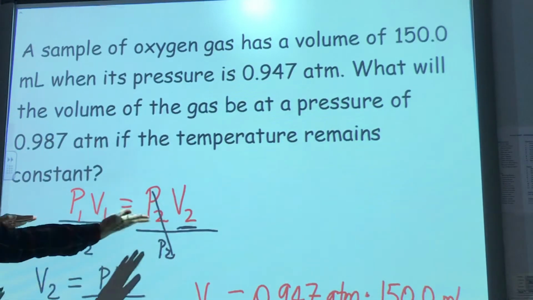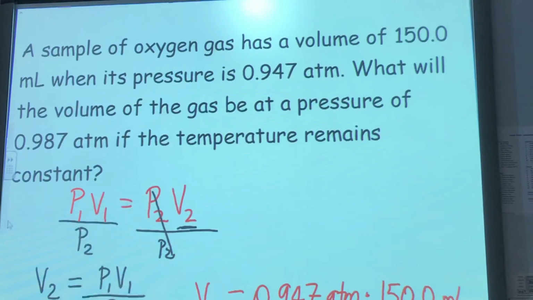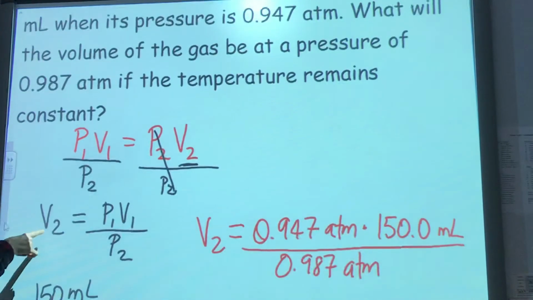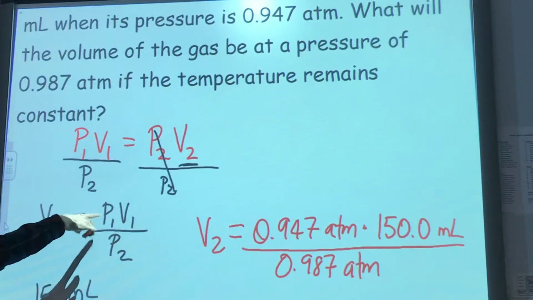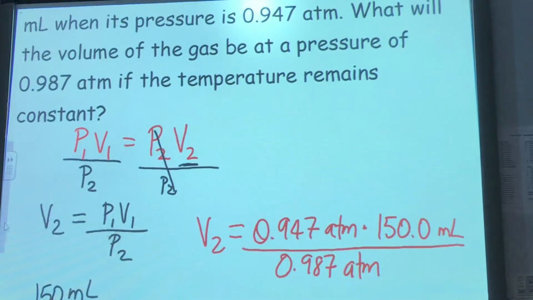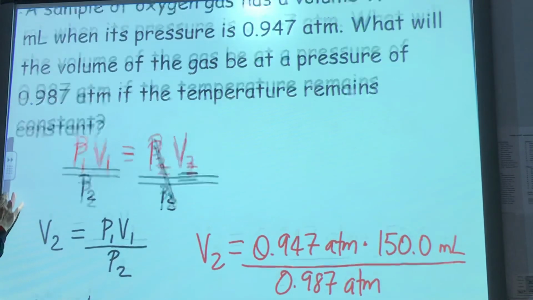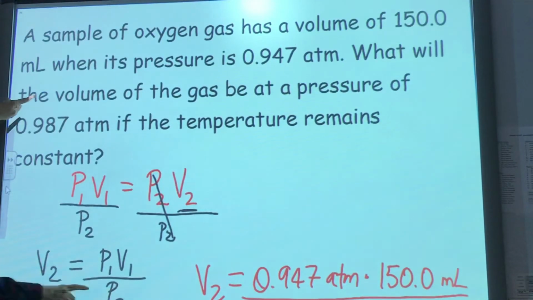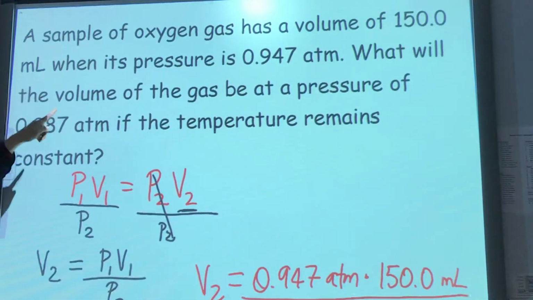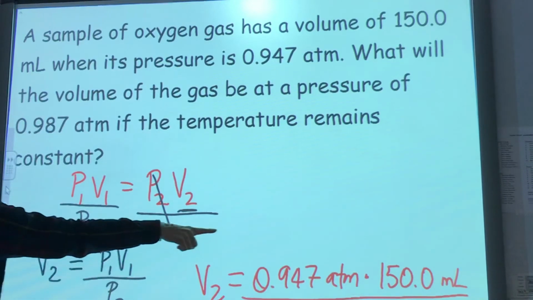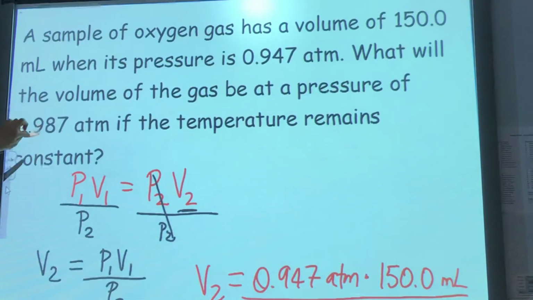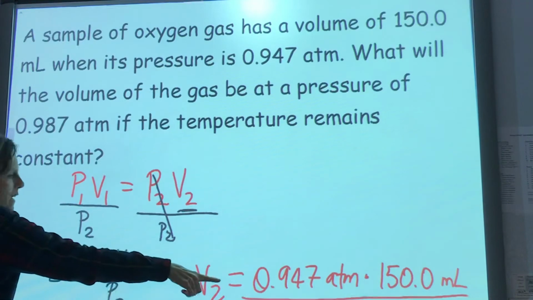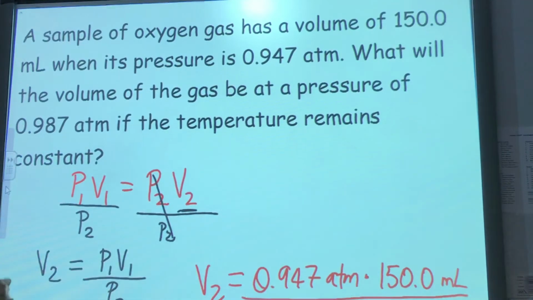All I've done here is algebra to solve for volume 2. We get V2 = P1V1 / P2, and we just plug our numbers in after that. First pressure is 0.947, first volume is 150 milliliters, and second pressure is 0.987 atmospheres.